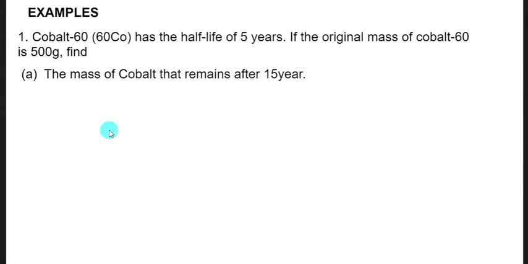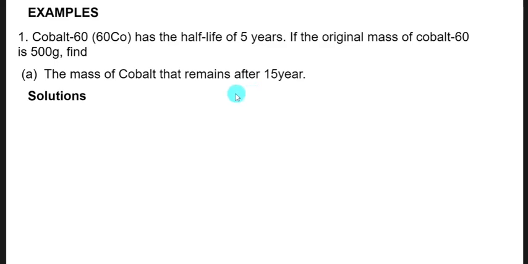All right, so let's start with solutions. Number 1, cobalt 60 has the half-life of 5 years. If the original mass of cobalt 60 is 500 grams, then find A, the mass of cobalt that remains after 15 years. So there are 3 things here.